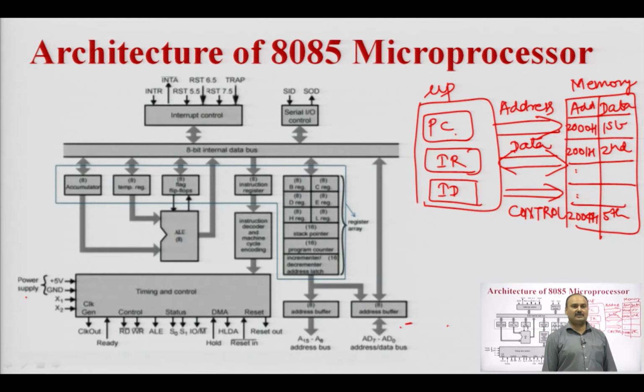The instruction decoder will decode the operation code and identify which operation is required and which registers are involved. It passes this information to the timing and control unit of the microprocessor, which identifies the required operation and which registers are involved.